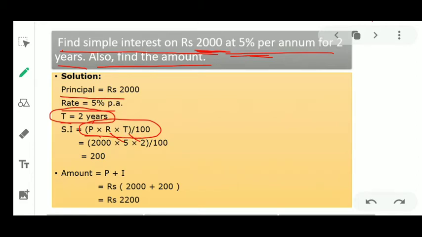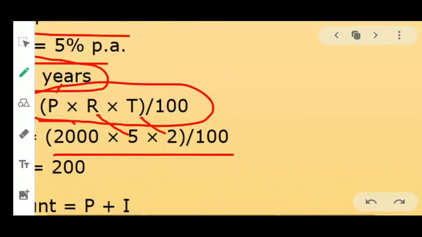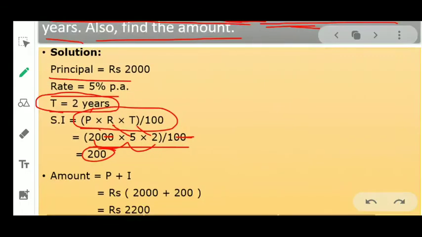So 2000 into 5 into 2 by 100. Here the 0s will be cancelled. Now 20 into 5, 100, then 100 into 2, 200. So simple interest is 200 here.